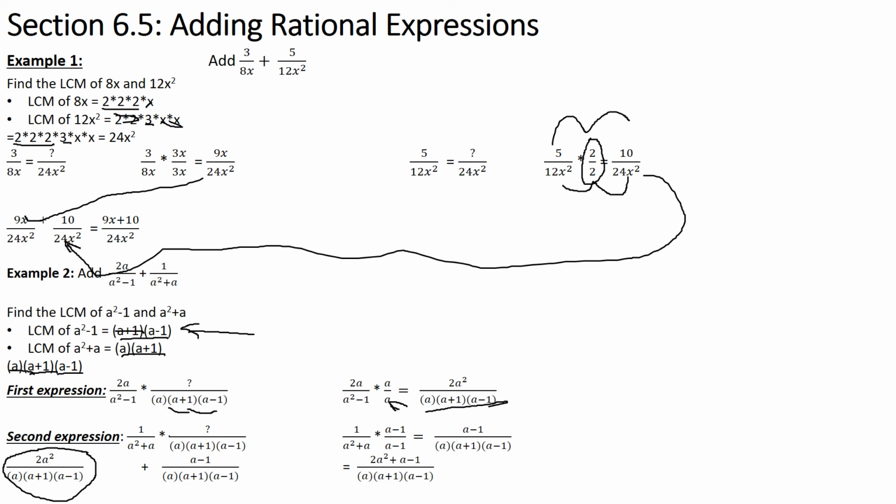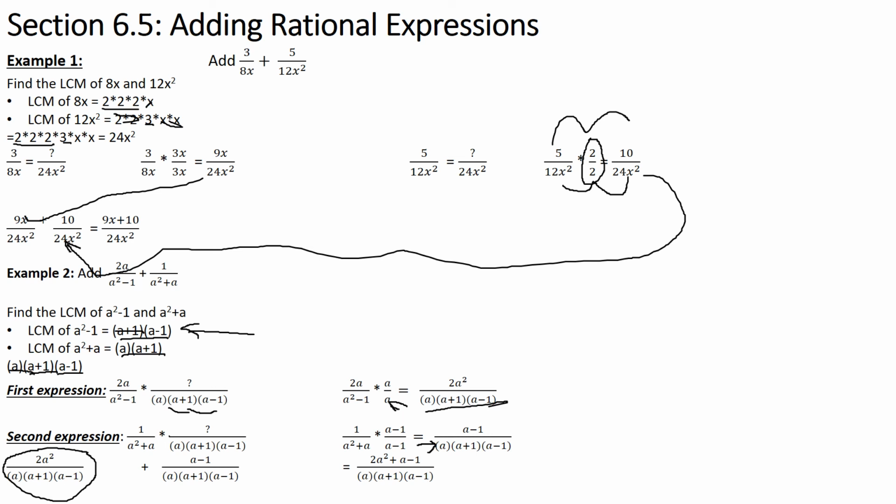And then my second rational expression is 1 over a squared plus a. And I simply need to convert that second one by multiplying times an a minus 1. So with a minus 1 in the denominator, I get the same expression as in the other denominator. So now we have the same denominators.